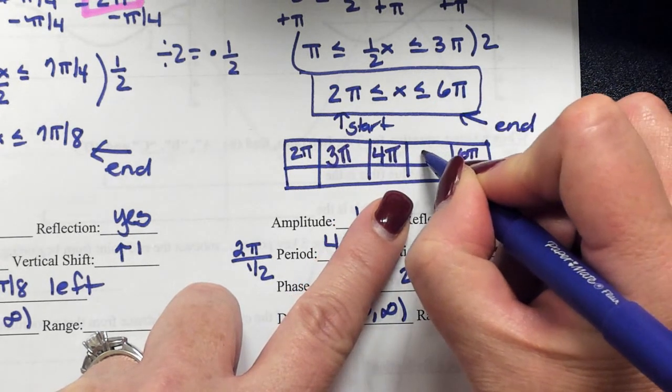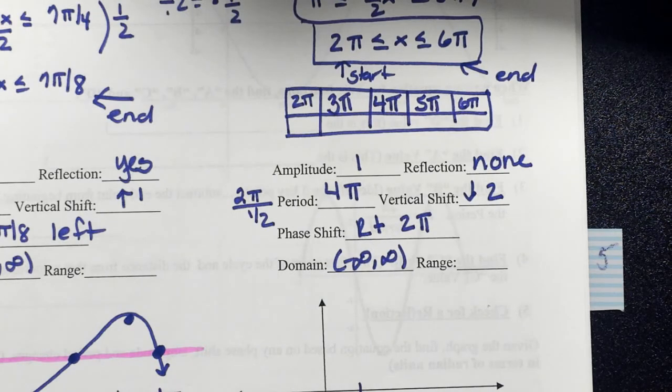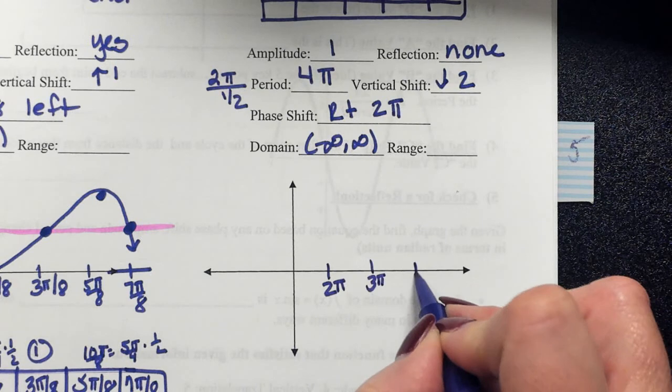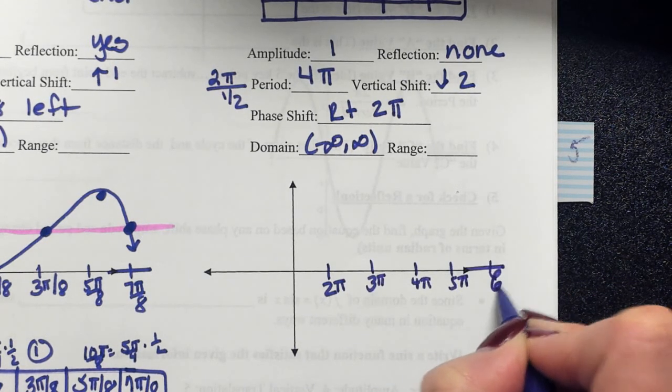And then the midpoint between 4 and 6 is going to be 5 pi. So even though you had a fraction in the original equation, the divisions along the x-axis turn out to be a lot nicer. So I know I'm going to start this cycle at 2 pi, and I'm going to end it at 6 pi.